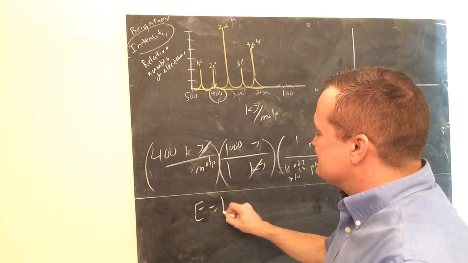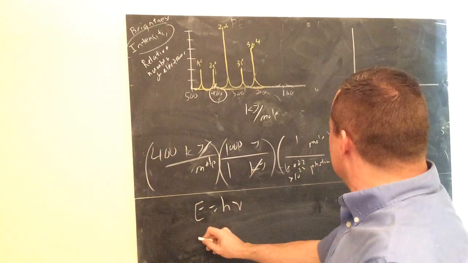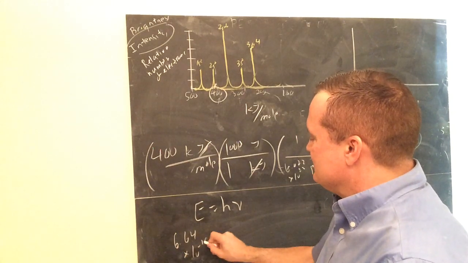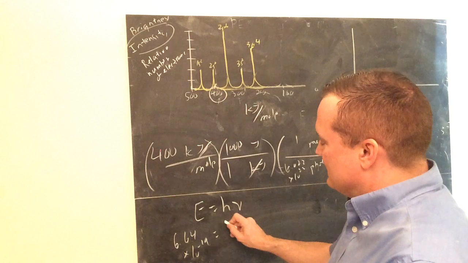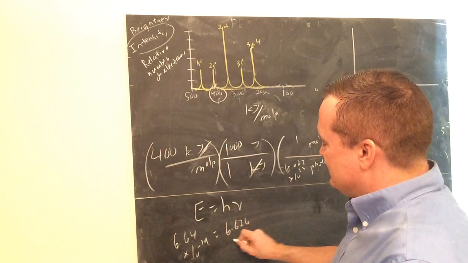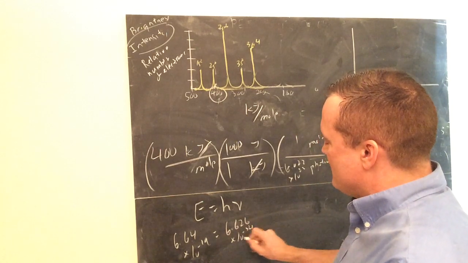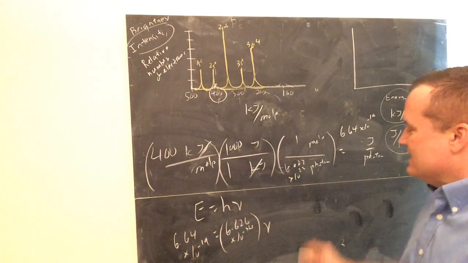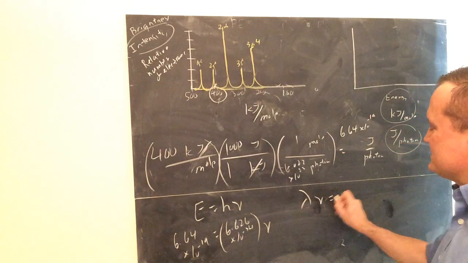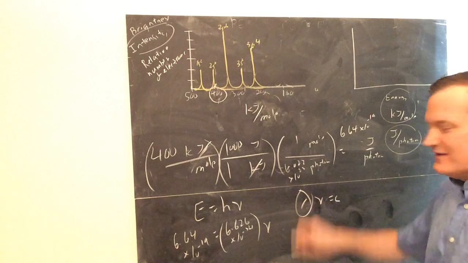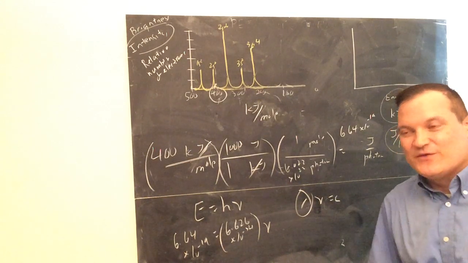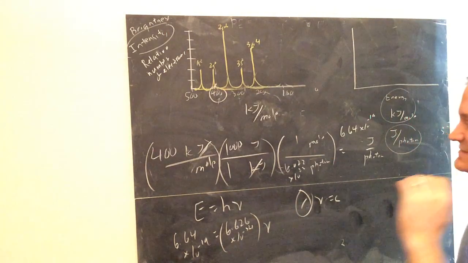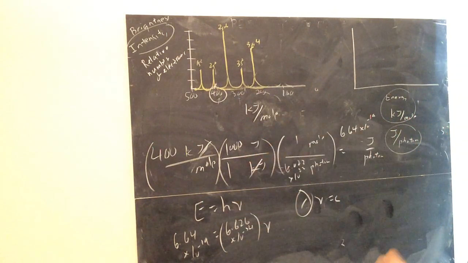Now I can use this equation and plug in 6.64 times 10 to the negative 19, and put in 6.626 times 10 to the negative 34, that's Planck's constant, and find the frequency. Then I can use lambda nu equals c to find the wavelength. So you can actually find the wavelength and the color of light, if it's visible. They can give you a list of colors. This is my prediction that they can do this sometime on the AP.